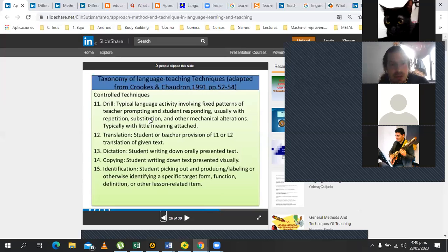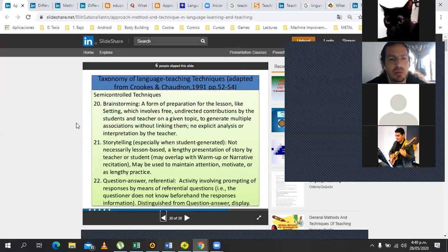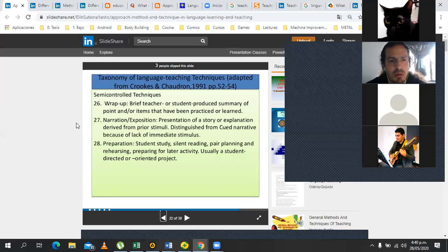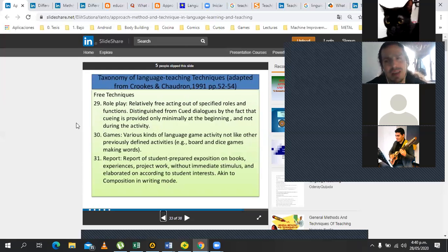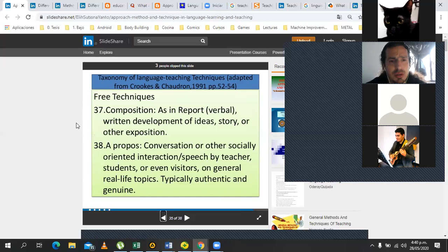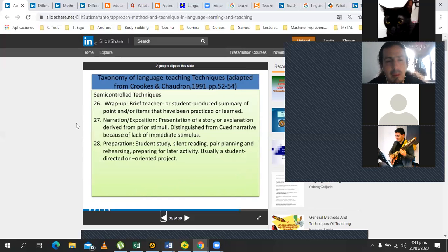So for example, here you have substitution, repetition, and you can use organizational words. Meaningful drilling could be recognition. Information transfer, information exchange, wrap up, narration, preparation, role play, games. That could be a game too. Discussion, composition. Maybe it could be a drill, right?